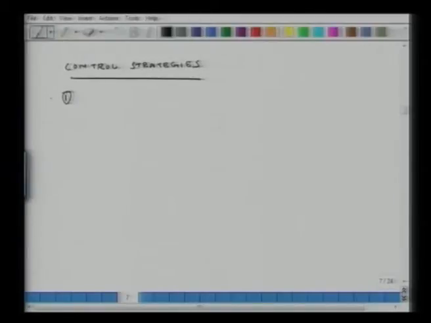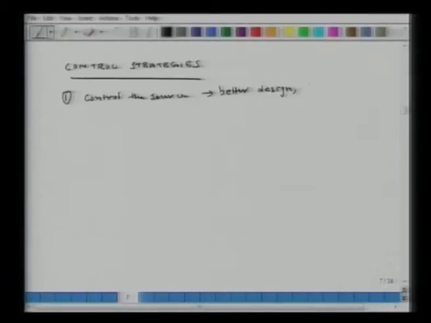So first one is that we control the source. And by control, I am not talking in the sense of control theory, but you can do this by better design. If the product is being developed and you are at the design stage, so better design, better selection of components, and better maintenance.